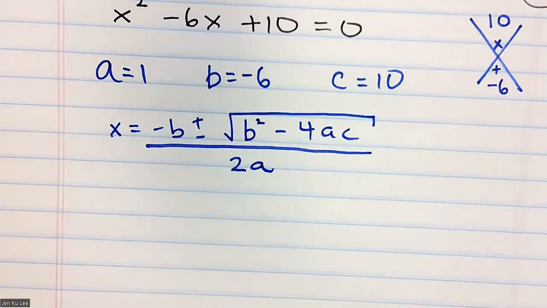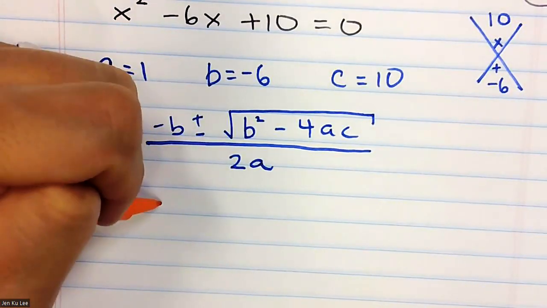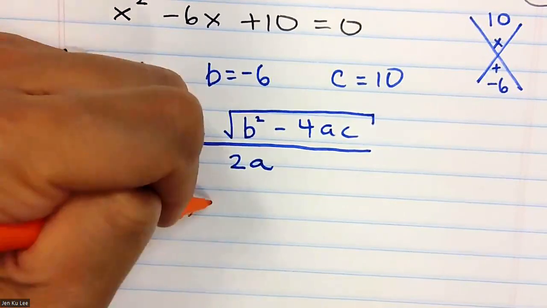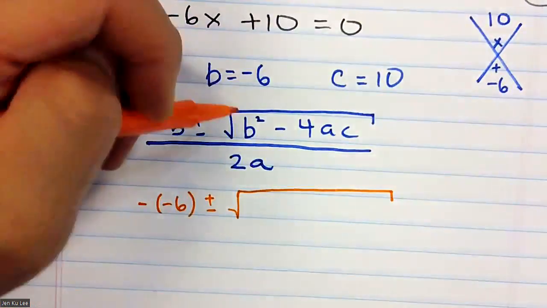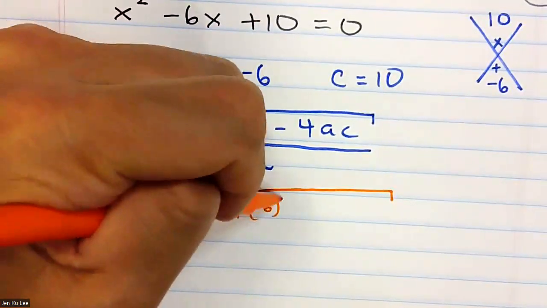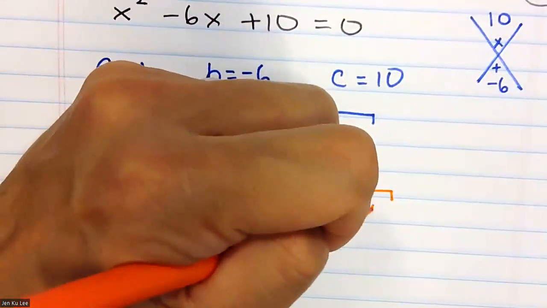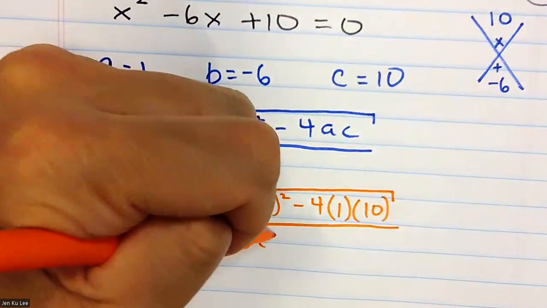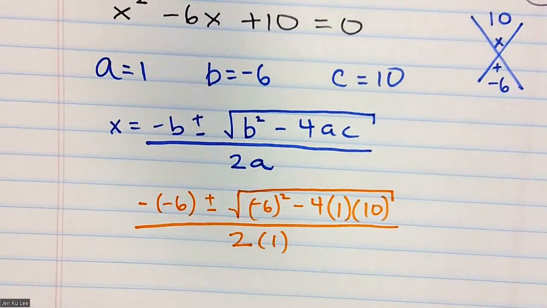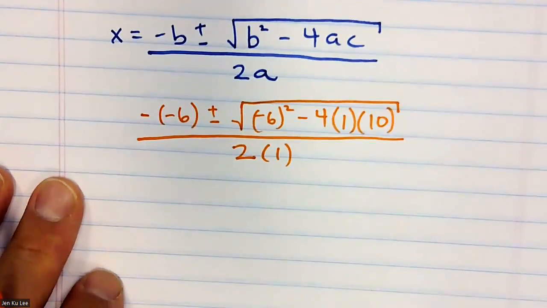So all we do is just plug it in: negative b, so negative 6, plus or minus square root of b squared, negative 6 squared, minus 4 times 1 times 10, all over 2 times 1. And then we just simplify.